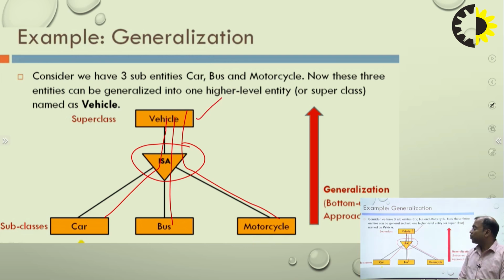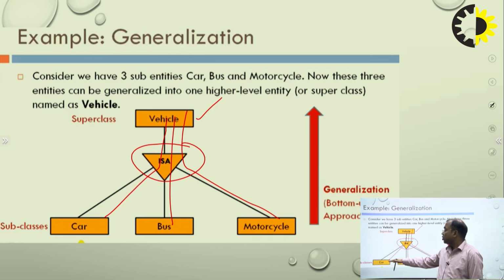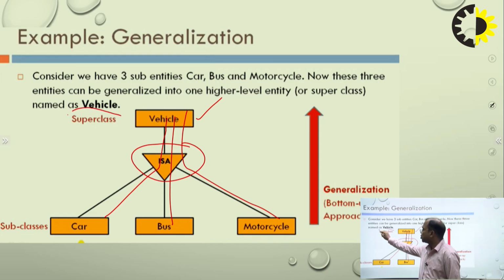So the common properties of these vehicles are taken from the subclasses up to the superclass. We take the shared properties from car, bus, and motorcycle and put them in vehicles.